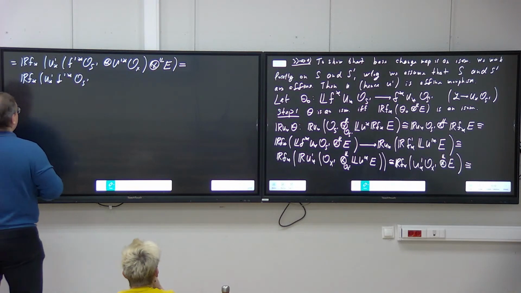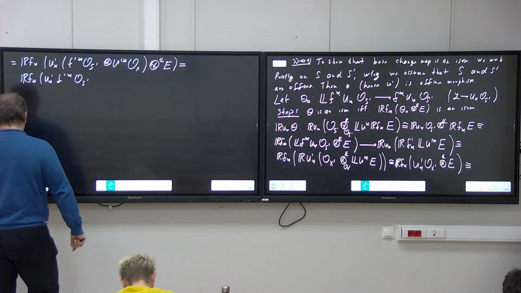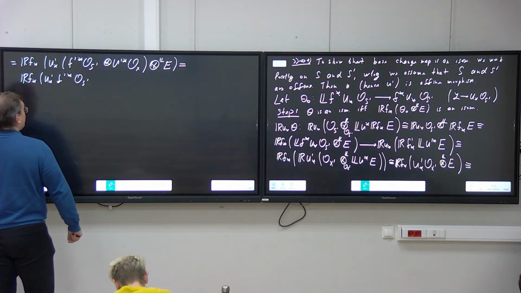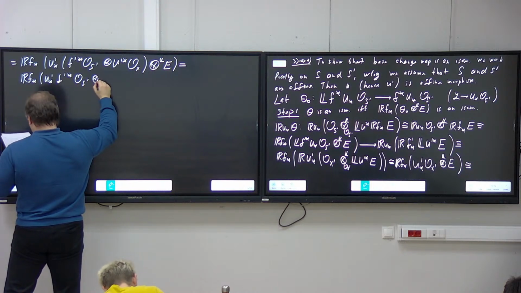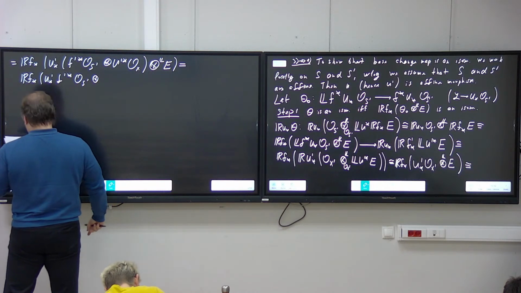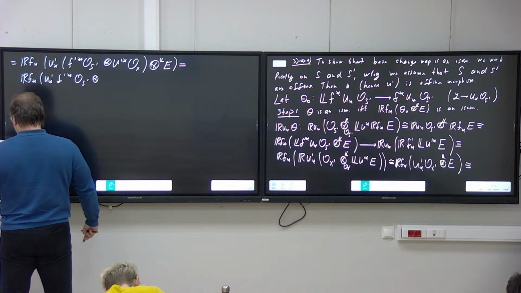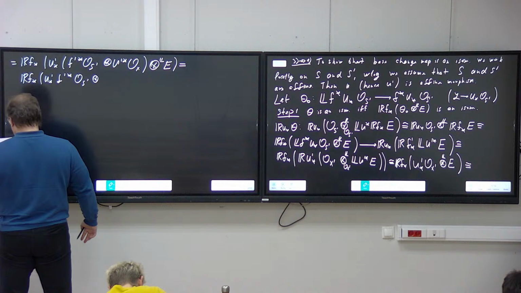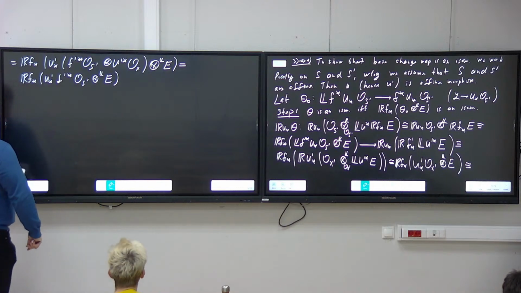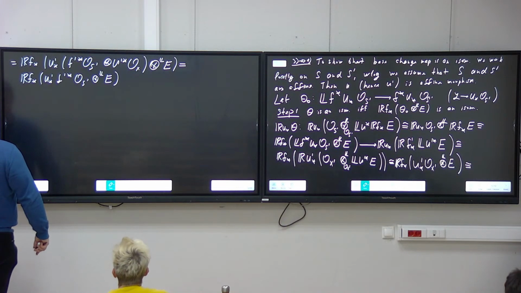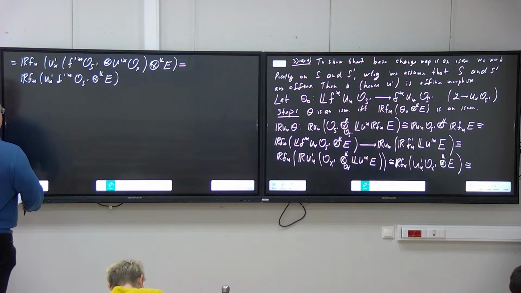That's again an application of the underived projection formula. This will be a tensor product over X. This is what I claim, so that this is true, and this is the underived projection formula.